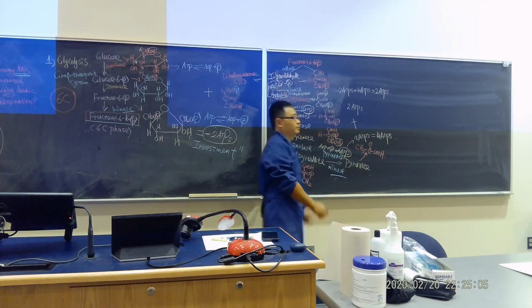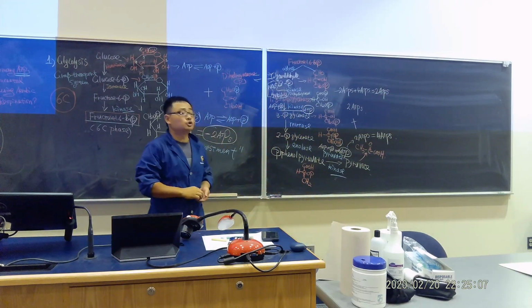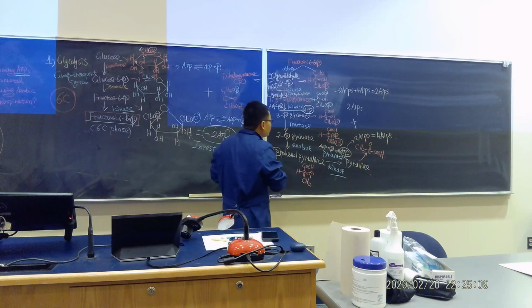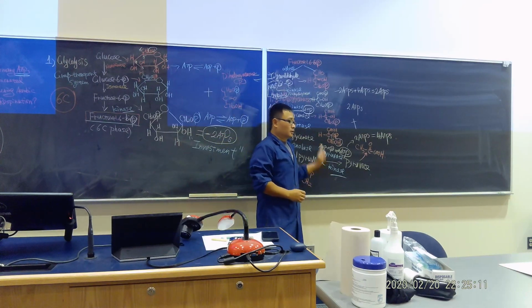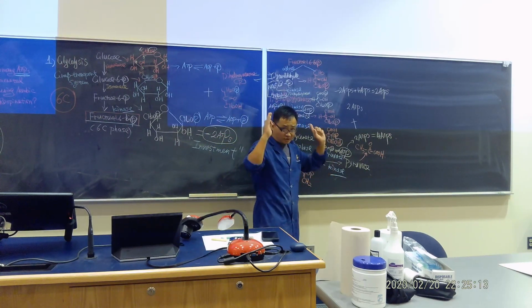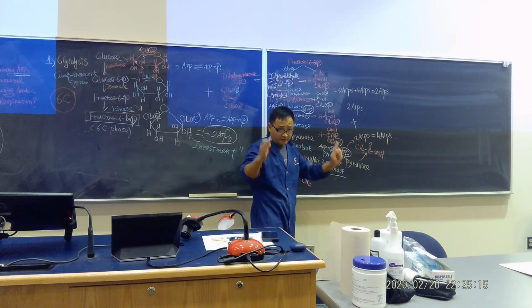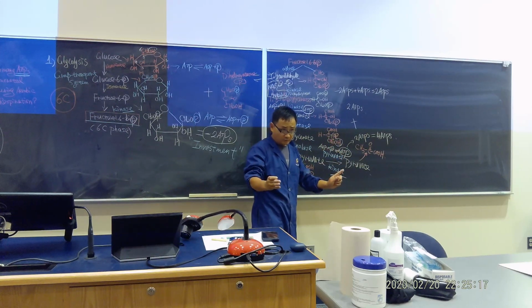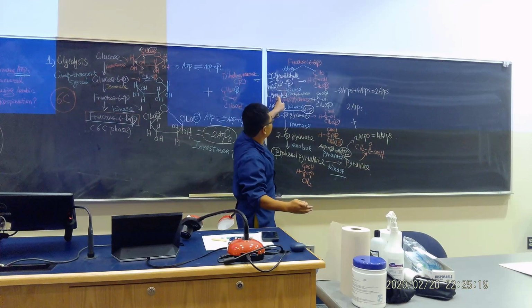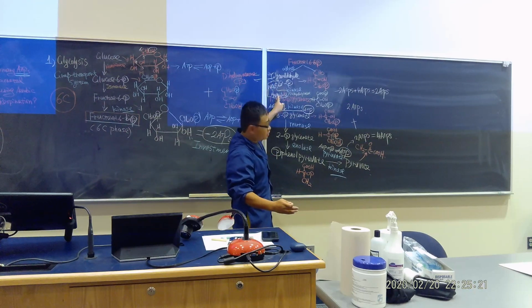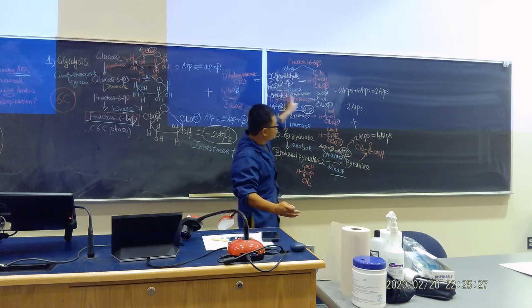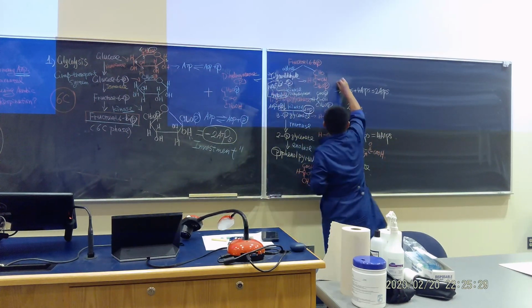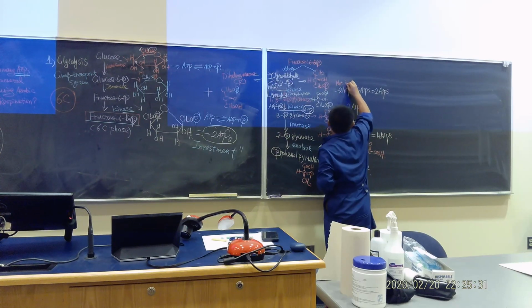This is what the textbook tells you. But you should know, they think glycolysis is a single independent pathway. They did not think these things happen, which is NAD plus reduced to NADH2. They did not think this happened. Therefore, these ATPs are not included.